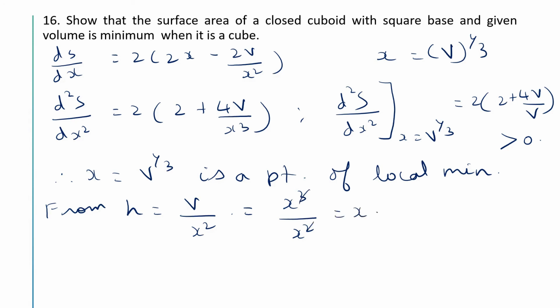So we have taken the two sides of the square base as x, and now we have got the height of the cuboid also equal to x. So all the three sides are equal, which means the given figure is a cube. So this implies h equal to x. Therefore, the required figure is a cube.